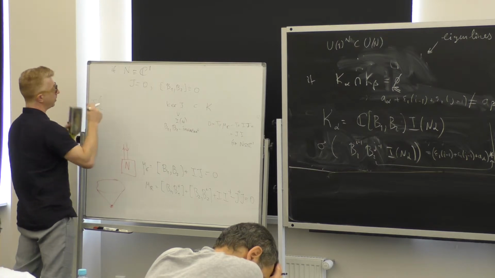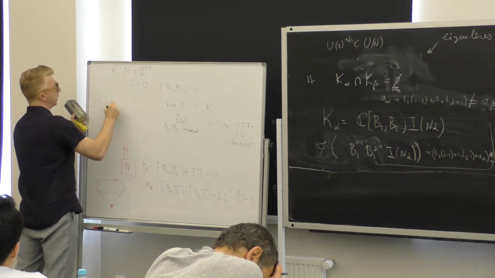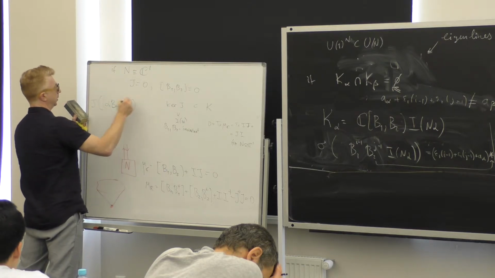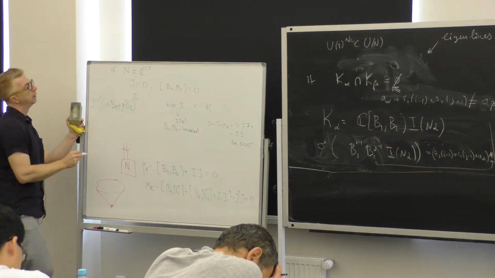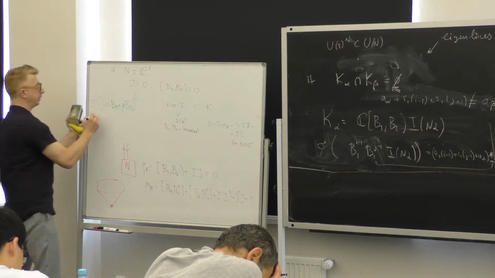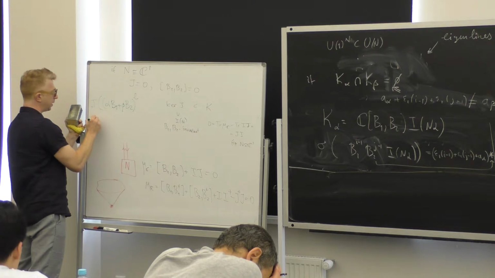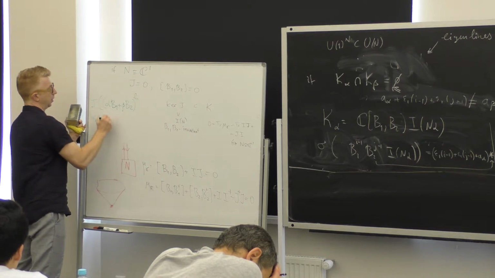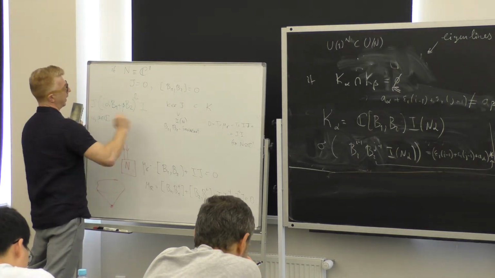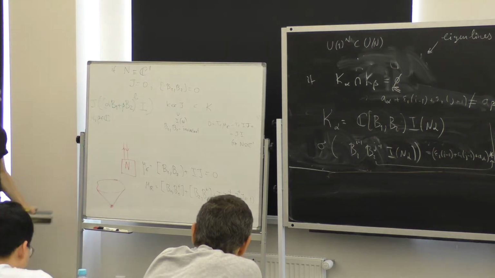For the moment, I want to prove the following: if I take the so-called symmetrized product of matrices b1 and b2, which is what you get by taking some linear combination of b1 and b2 with complex coefficients alpha and beta, raise it to the power L, and act with this on I, you get 0.